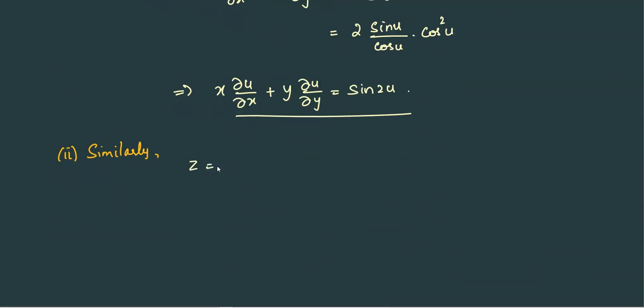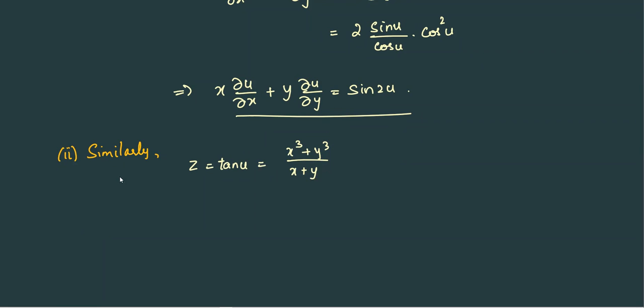Now z is tan u, which is (x³ + y³) by (x + y), a homogeneous function of degree 2.